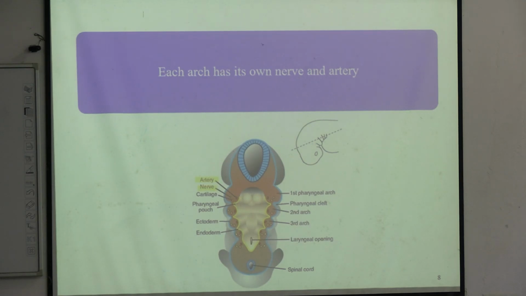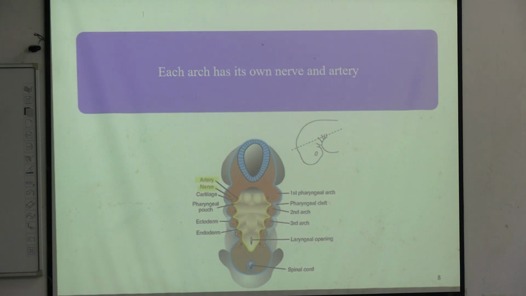I am not going to talk about the divisions right away, but trigeminal nerve is good enough. Likewise, the arch number 2 has a dedicated nerve. So that arch number 2 nerve is the 7th cranial nerve. That means facial. So whatever the muscles that is going to be produced from arch number 2 will be supplied with the branches from facial nerve.